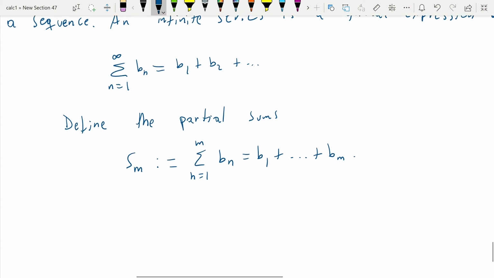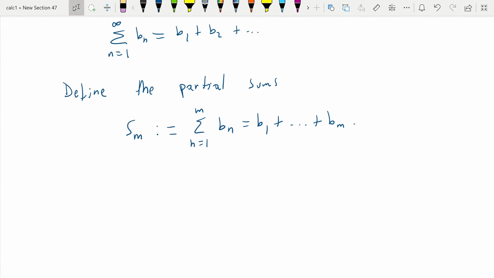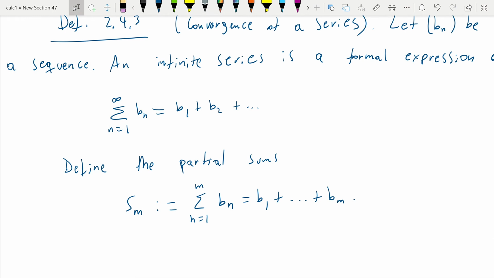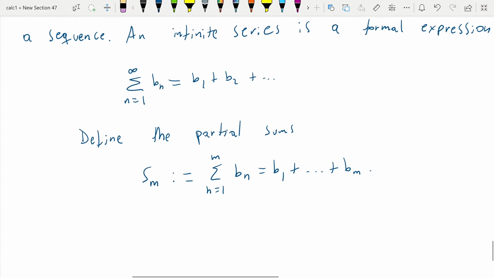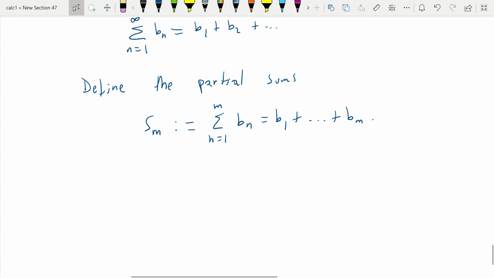Okay. So these are the partial sums. For each m in the natural numbers, we have an element S_m, just like the notation we've been using for sequences so far, a_m or a_n. It's only the first m terms. This is always well defined because we're only adding finitely many numbers. So we'll give proper meaning to this expression here when this sequence of partial sums converges.